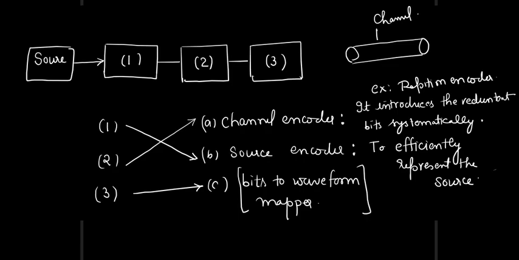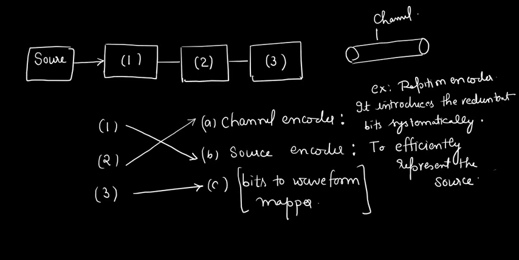So, let us first try to understand the third block, which is the bit to waveform mapper. What we have discussed in the last class is that we can do various mappings.